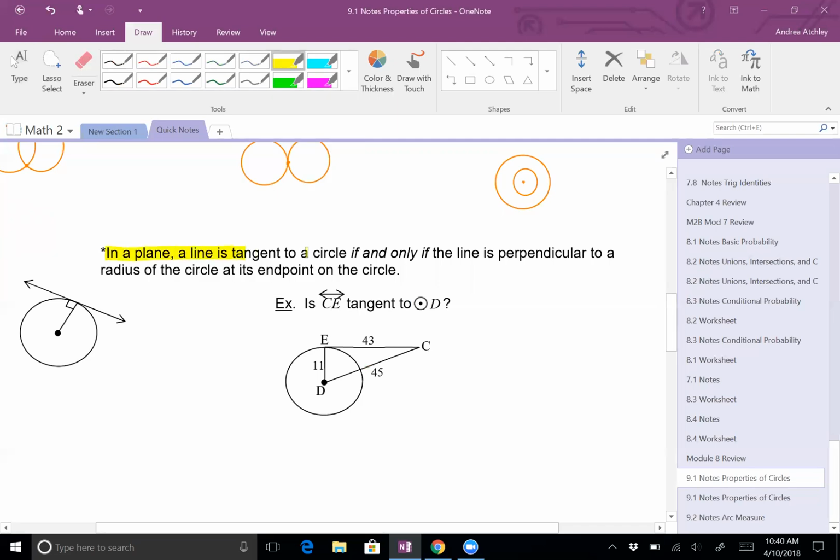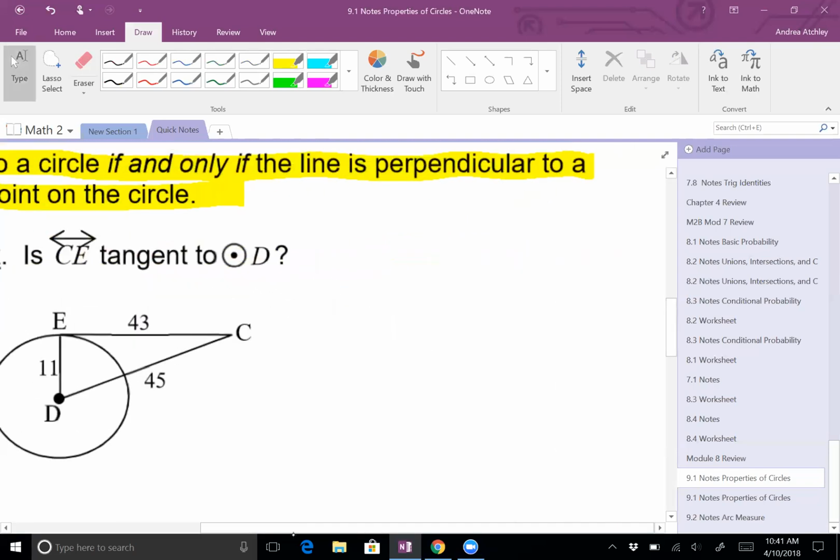In a plane, a line is tangent to the circle if and only if it is perpendicular to the radius of the circle. So in order to prove that it is perpendicular, we're going to need to use the Pythagorean theorem. So let's do that.